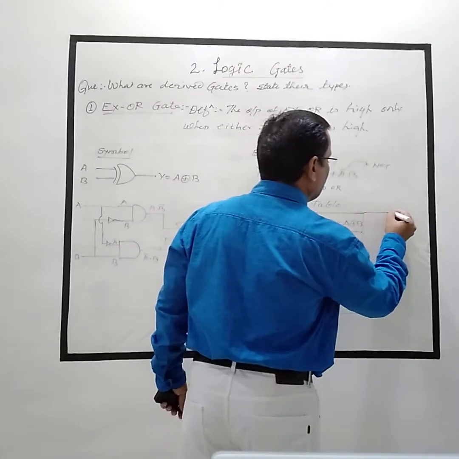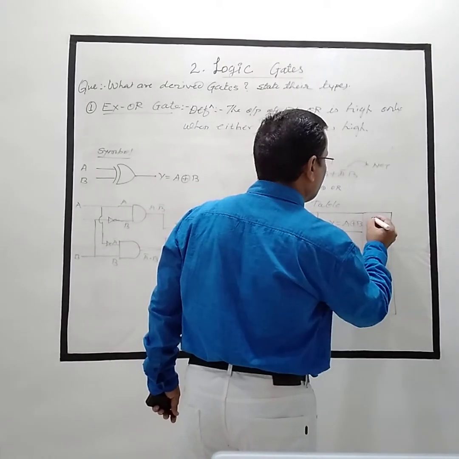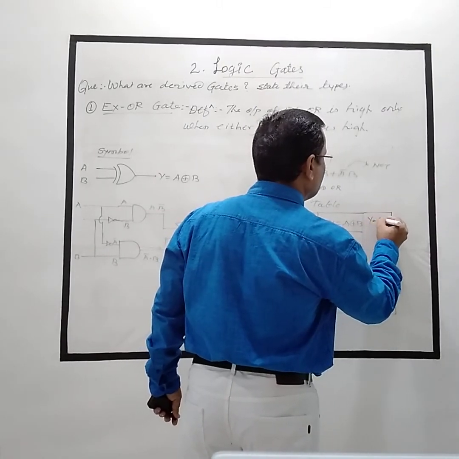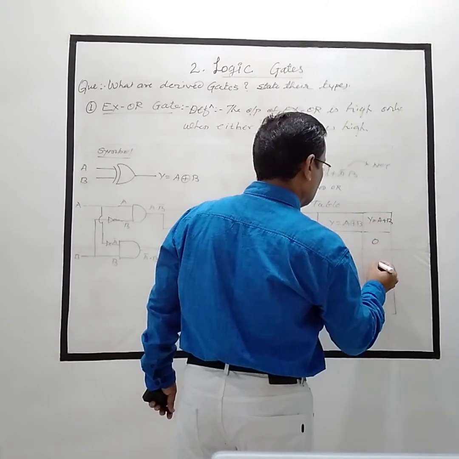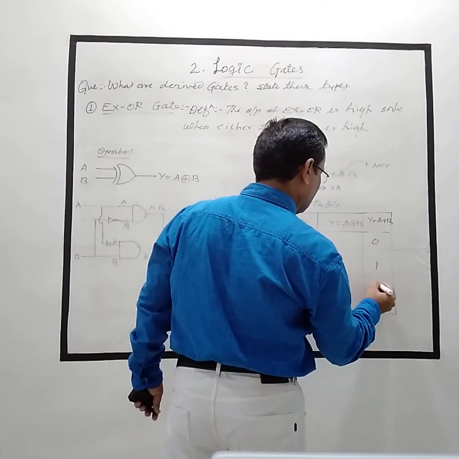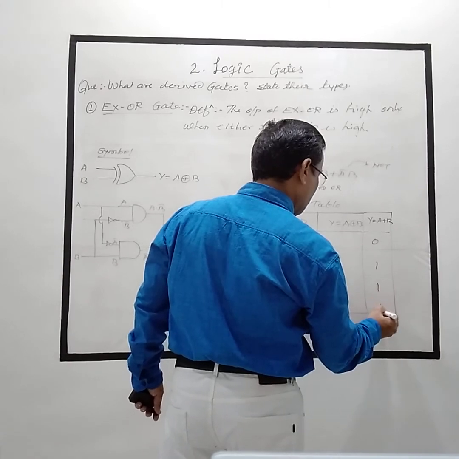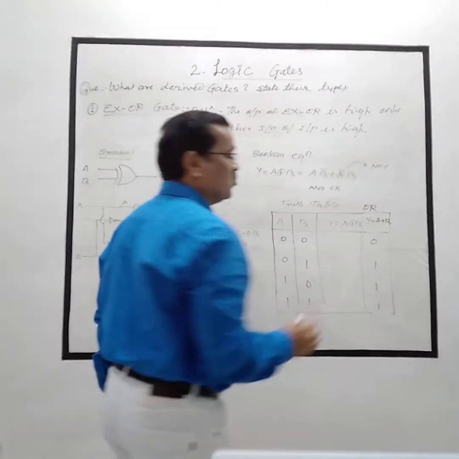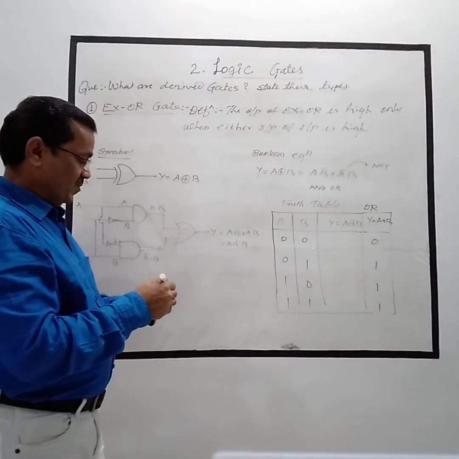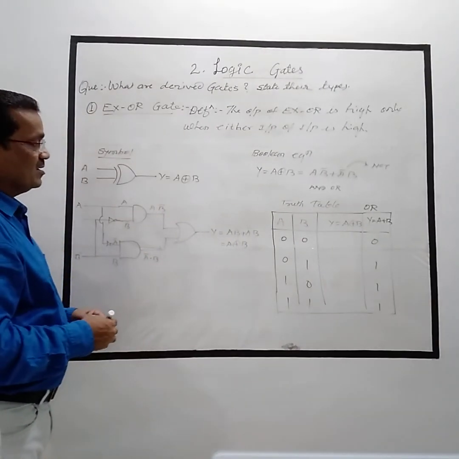Here for the OR gate, the output will be Y is equal to A plus B. So 0, 1, 1 and 1. This is the output for the OR gate, and this is the output for the XOR gate. Then the working will be like this.